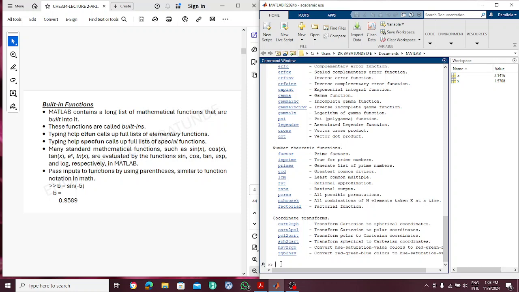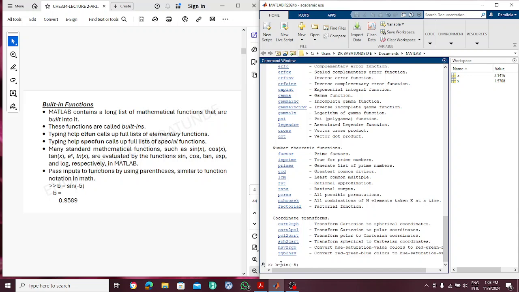So let's say, for example, we have a variable b that is equal to sin of minus 5. After typing sin, the next thing is to open a parenthesis and supply the argument. In this case, we want the argument to be minus 5 radian.